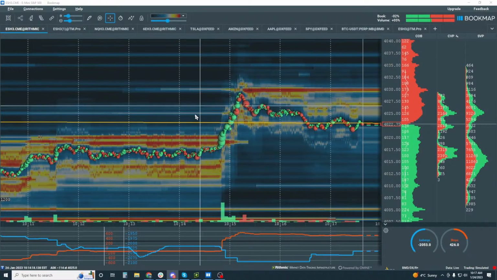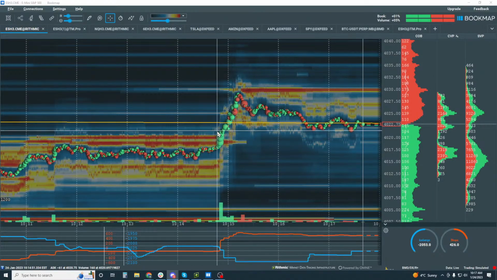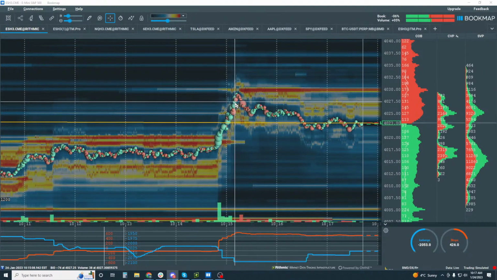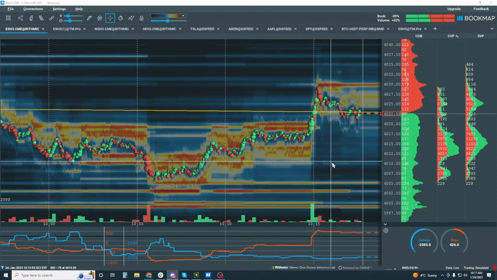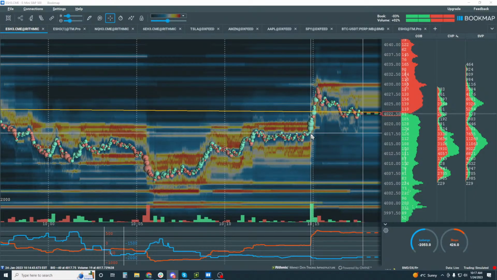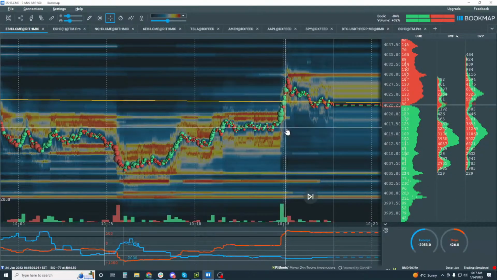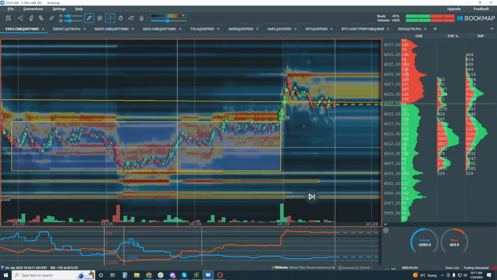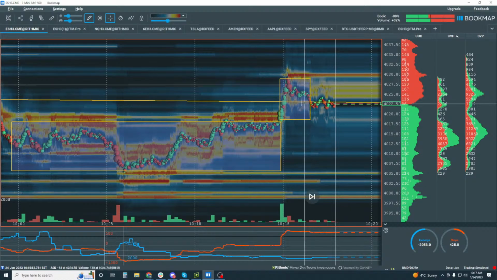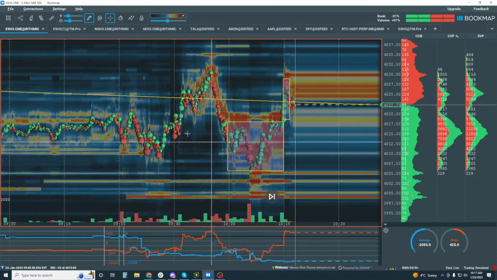So here, well, strong move, strong move away from all of this previous action down here. Kind of what we were just covering, let's just draw up our rectangle. Strong move away, right? Just like we were covering here.